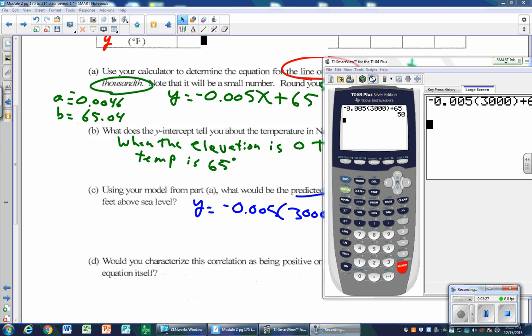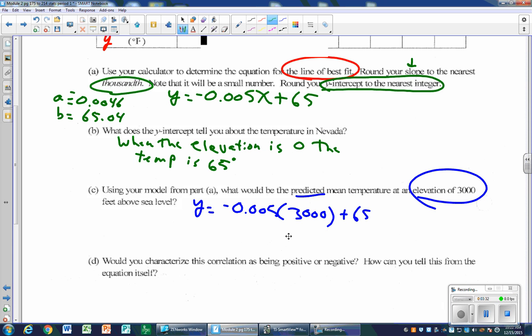And that's exactly what I did there, and we got an answer of 50. So 50 degrees Fahrenheit.